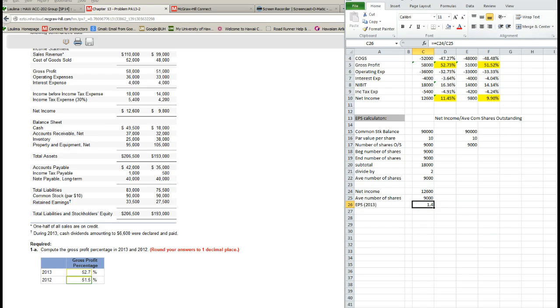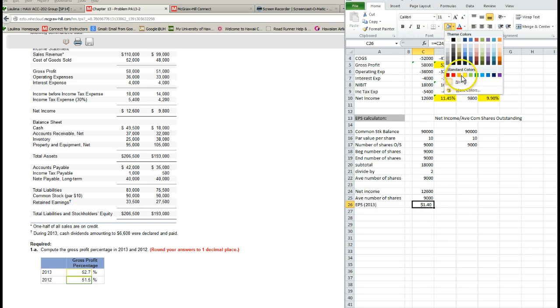And what that really works out to, net income is expressed in dollars, shares is expressed in shares, and so the earnings per share would be an amount that we want to express in dollars, and so that amount would be $1.40.